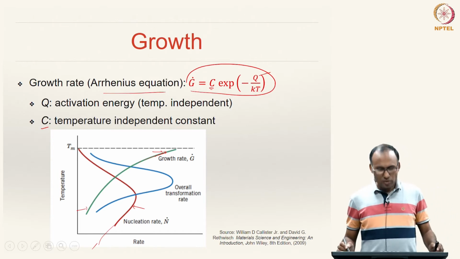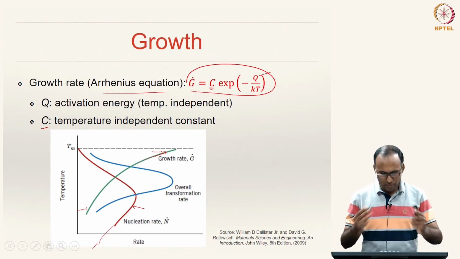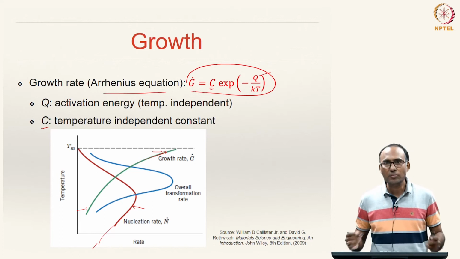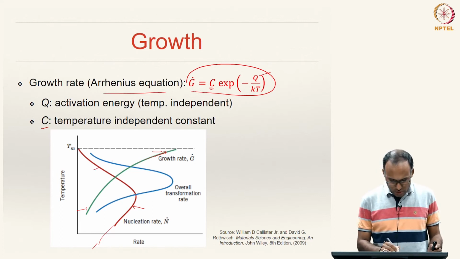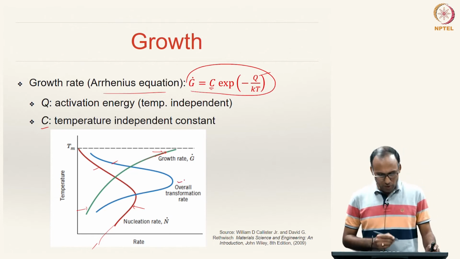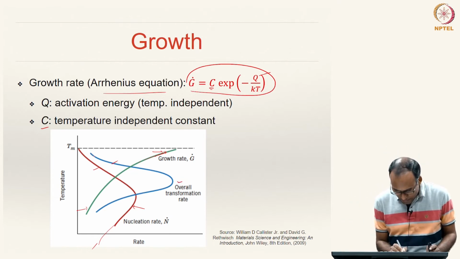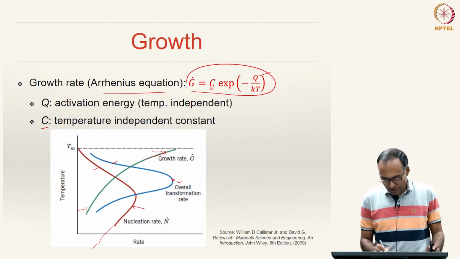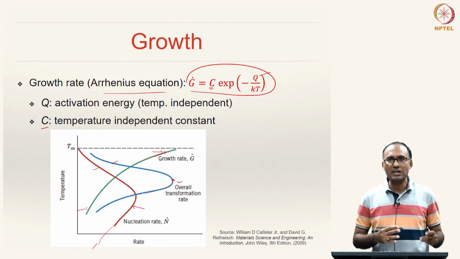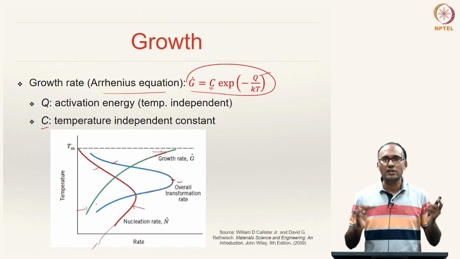Okay. So, now you have a certain nucleation rate and some growth rate, and you can plot the overall transformation rate using these two quantities. The overall transformation rate increases as you reduce the temperature and reaches a maximum value, and then it starts decreasing again, because although your nucleation rate is increasing, your diffusion is decreasing significantly, and hence your overall transformation rate reduces.